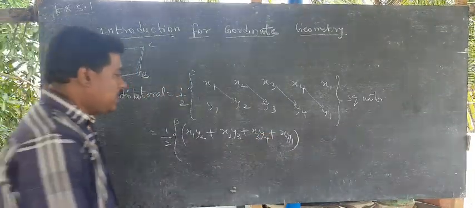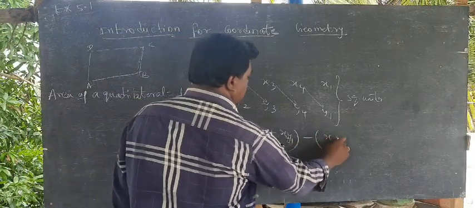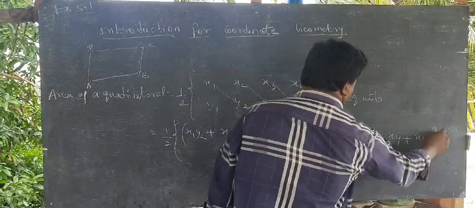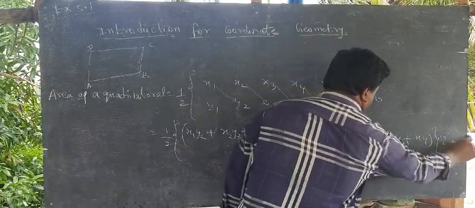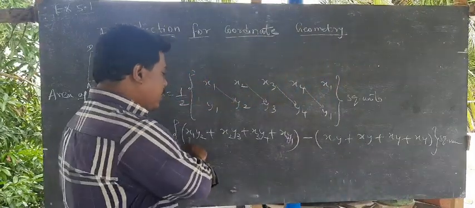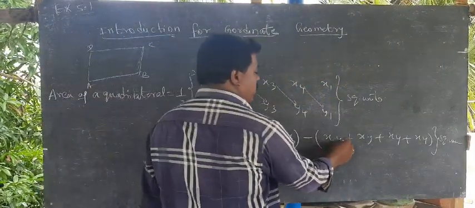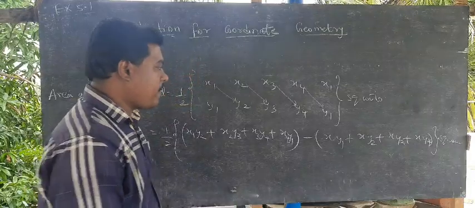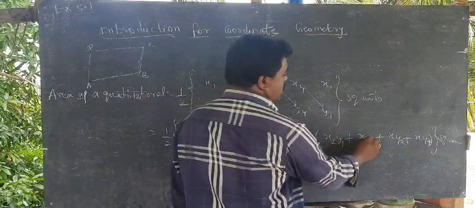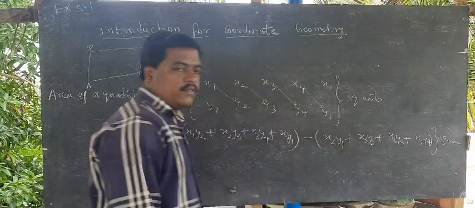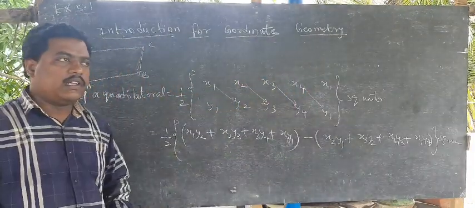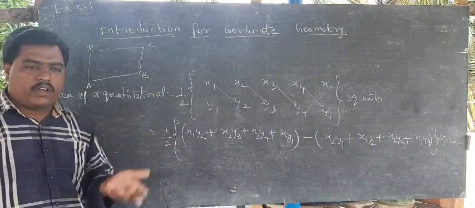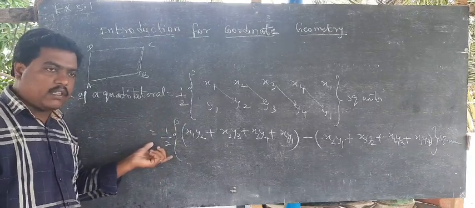You write the formula easily, and then minus of xy, xy, xy, xy, in square units. Here I write x 1, 2, 3, 4 and here y 1, 2, 3, 4, so here 1 means 2, 3, 4, 1. You get the formula. This is the formula for the area of the quadrilateral. Again I am saying, whichever is easy for you, take that formula in the examination. Right?